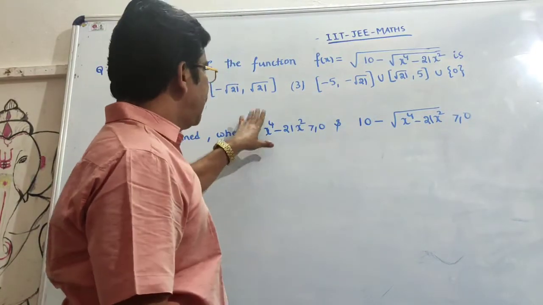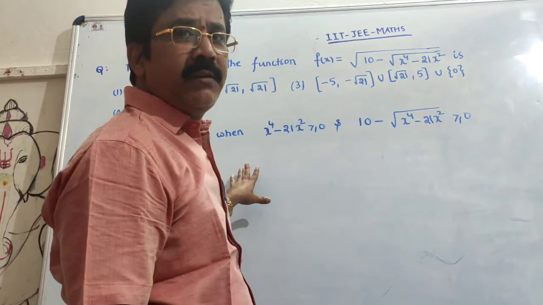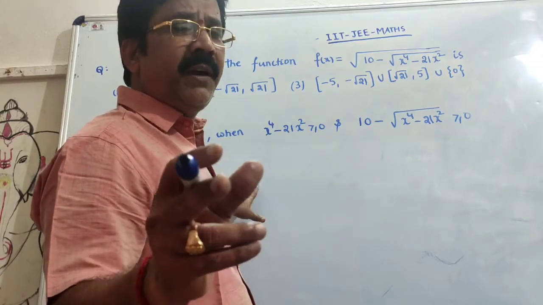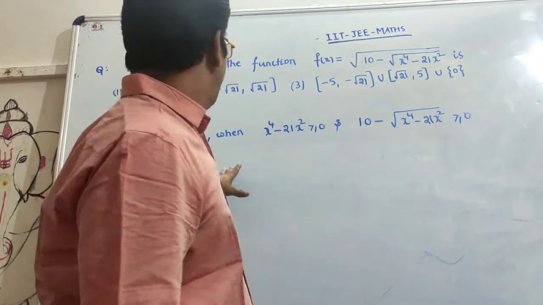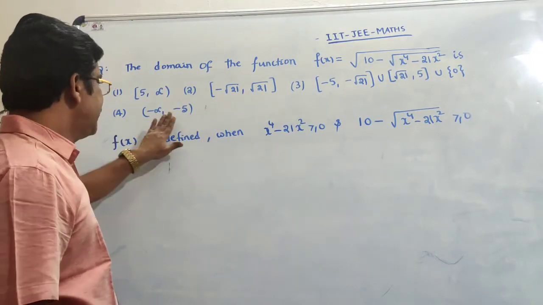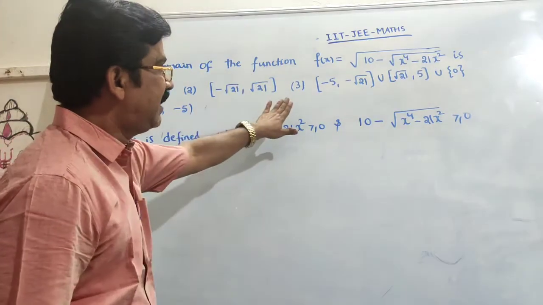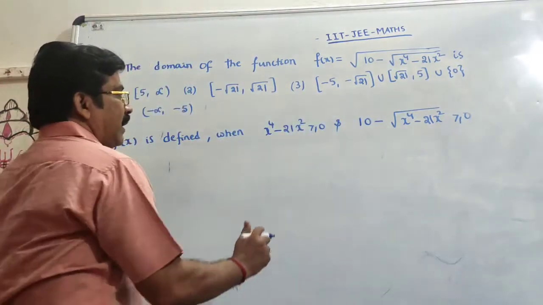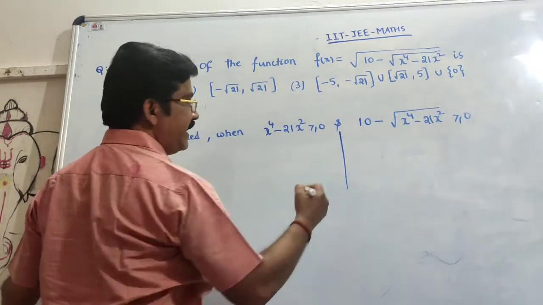Under these two conditions we find the set of values of x, which is the domain of the given function. That's why I wrote that f(x) is defined under these conditions. Now we are going to solve these two inequations.